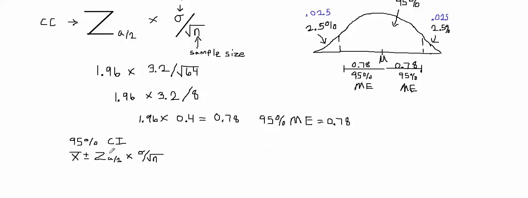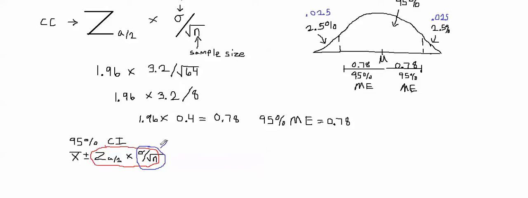And before I get into this, I wanted to also explain that this whole piece right here in red is the margin of error. But there's also a name for just this fraction right here, just the sigma over square root of n.